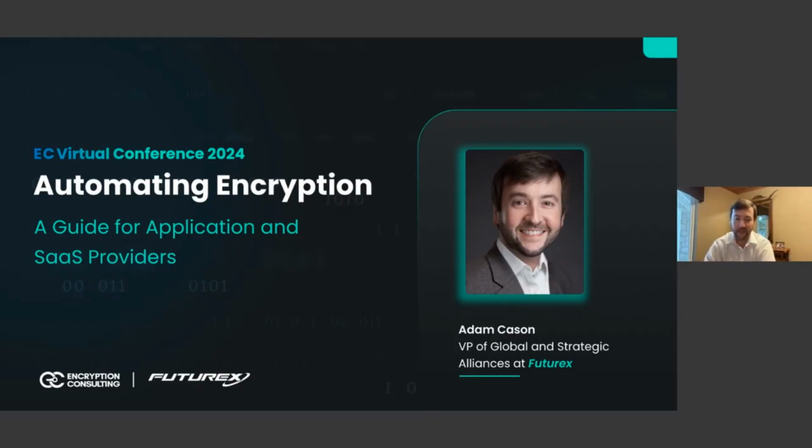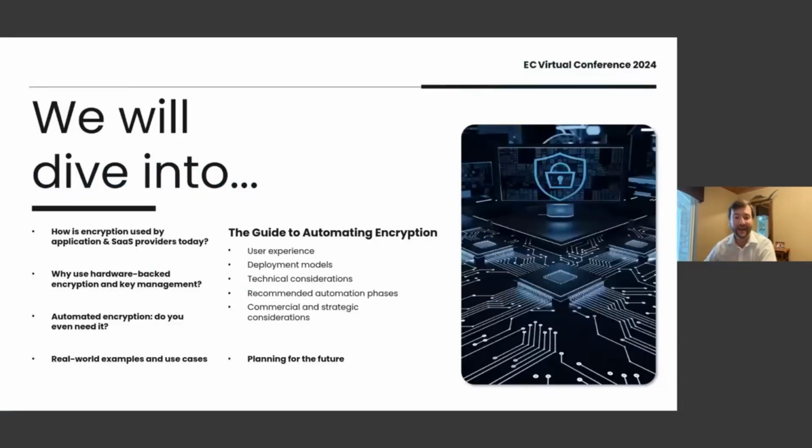What we're going to be talking about today is a guide for how providers of software as a service platforms, cloud services, appliances that you can deploy in your own data centers, in your own networks, and applications in general can incorporate concepts of data encryption and external key management in their applications to protect their most sensitive data and that of their customers.